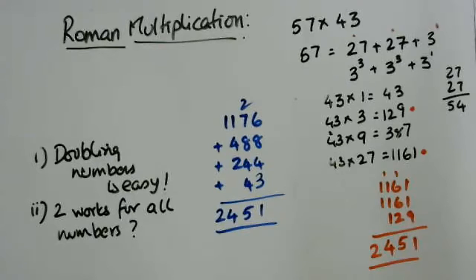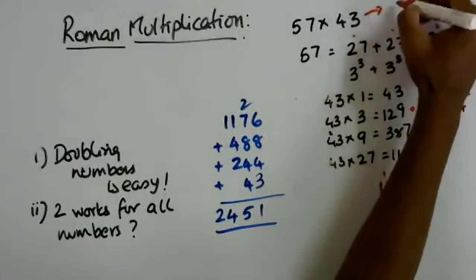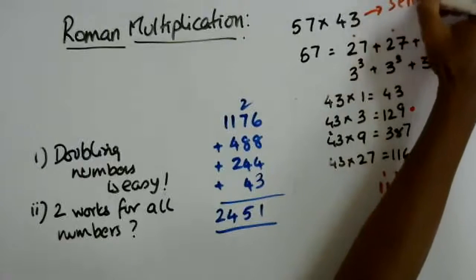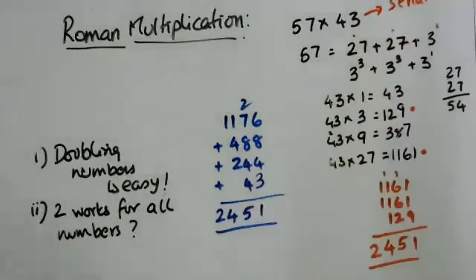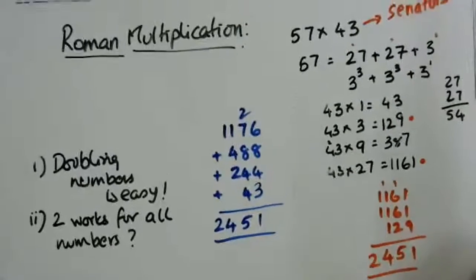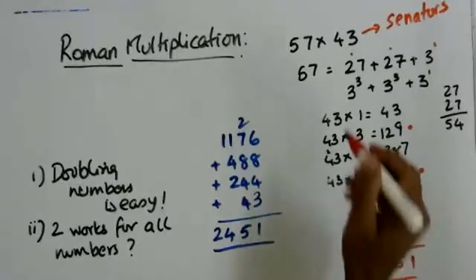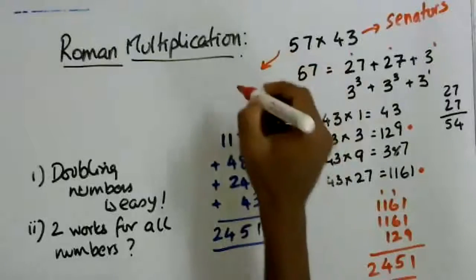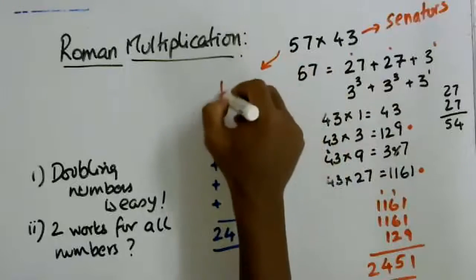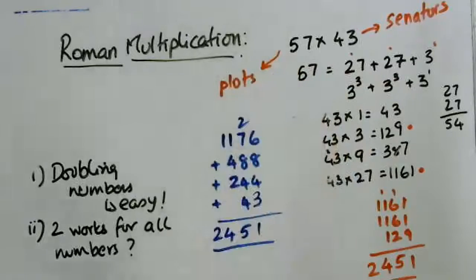Oh, multiplying, sorry. Let us say, I'm just completely making this up, that there were 43 noblemen in the Roman Senate, senators, and each senator had 57 plots of land.